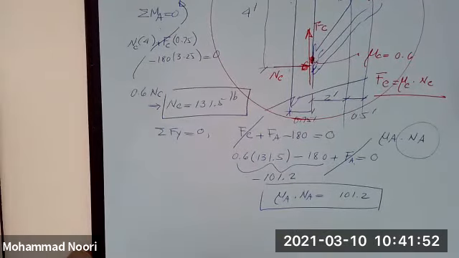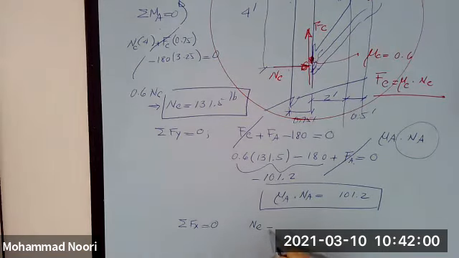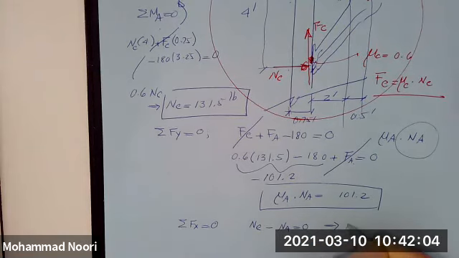I have one more equation: summation of forces along x equal to 0. That would give me N sub C minus N sub A is equal to 0. So N sub A is equal to N sub C, which is 131.5 pounds.